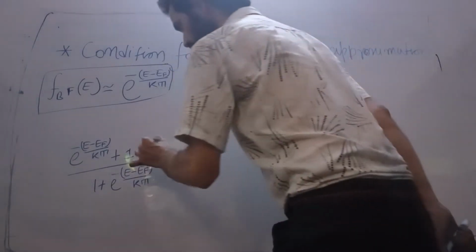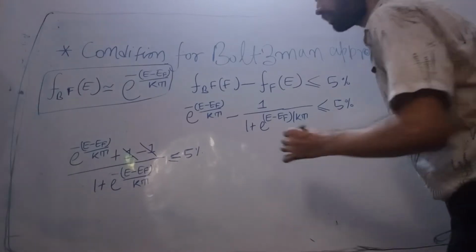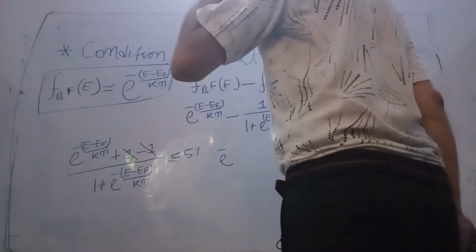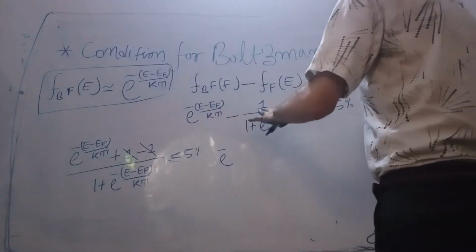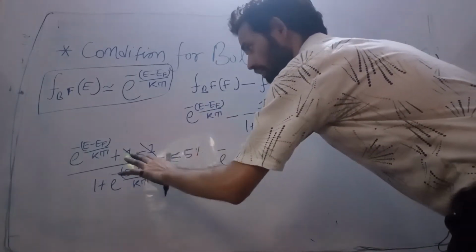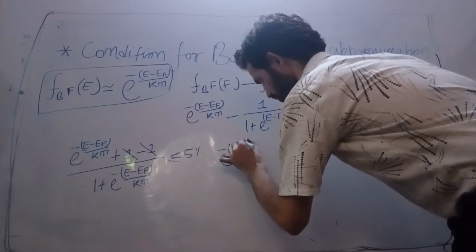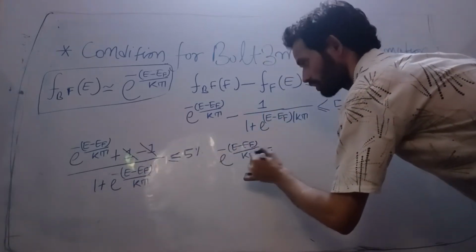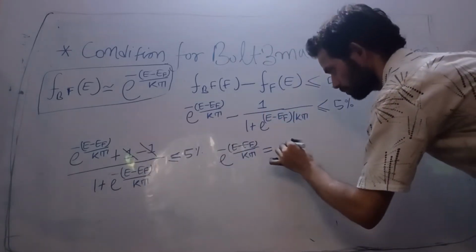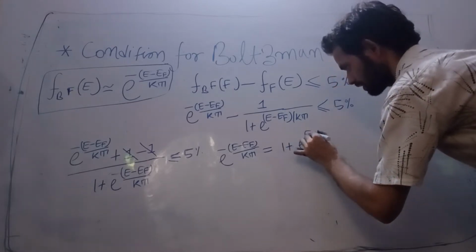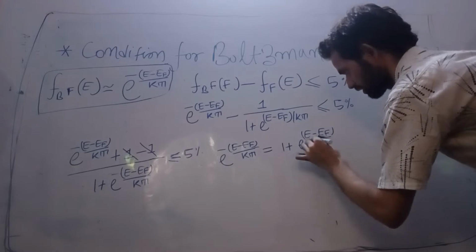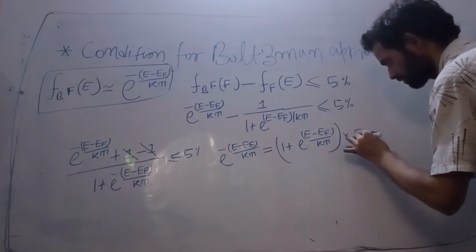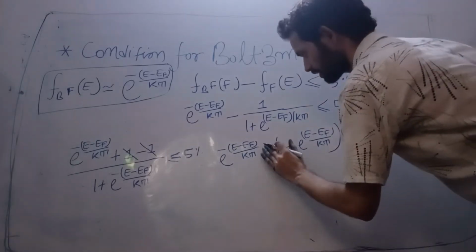Now see, 1 will get cancelled. So e to the power minus (E minus EF) by kT is equal to 5% of 1 plus e to the power (E minus EF) by kT, less than or equal to.